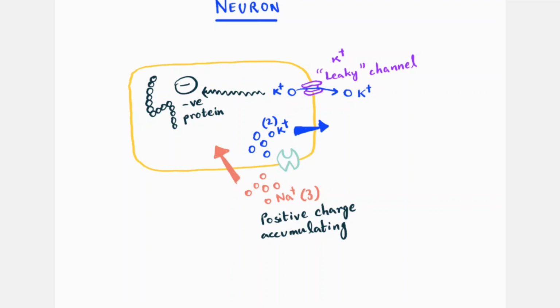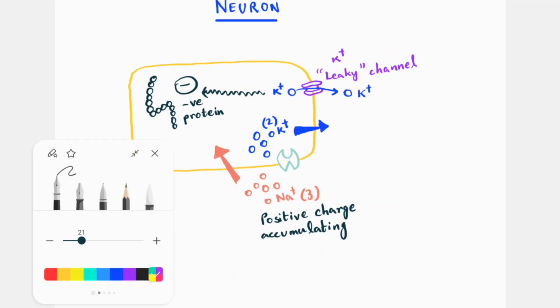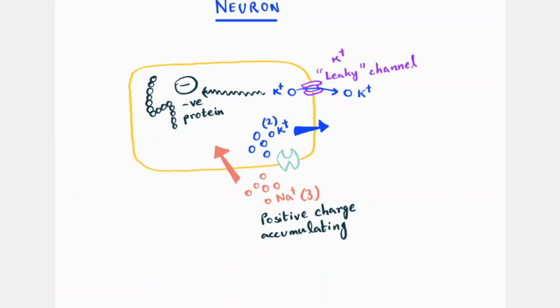a point comes when all of it is in equilibrium, when the potassium going outside through leaky channels stops.